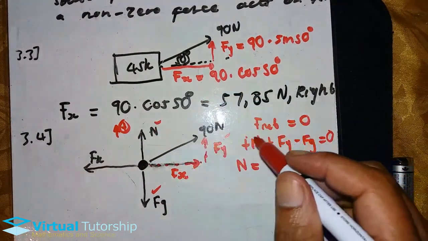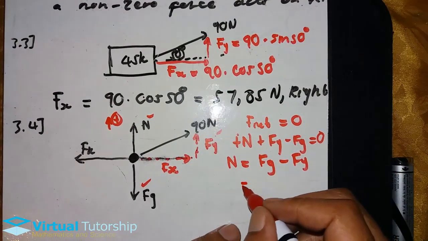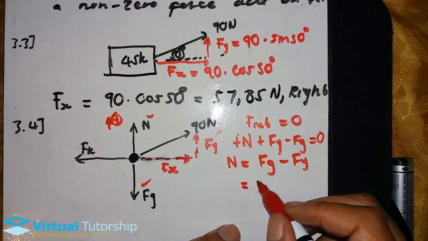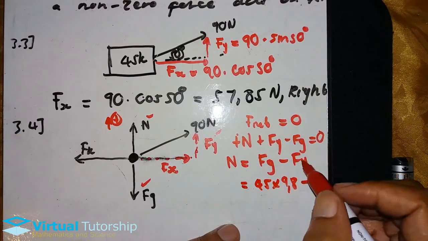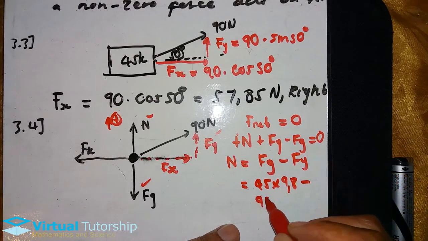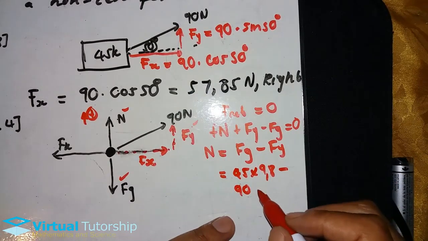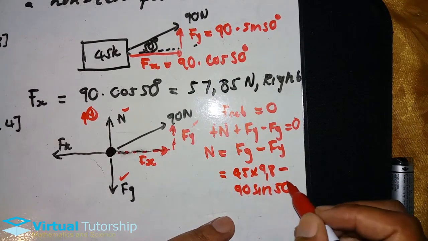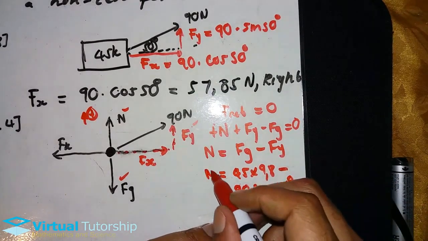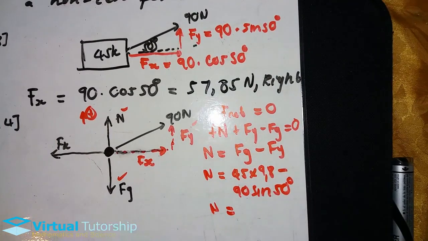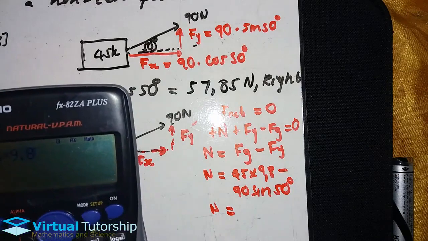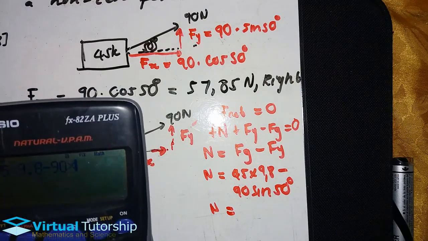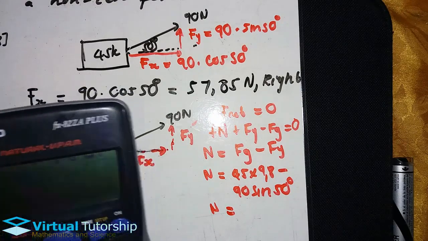vertically, and then n as the subject of the formula is going to be equal to Fg, which is 45 times 9.8, minus Fy, which is 90 sine 50 degrees. So the normal force is 45 times 9.8 minus 90 times sine 50 degrees.